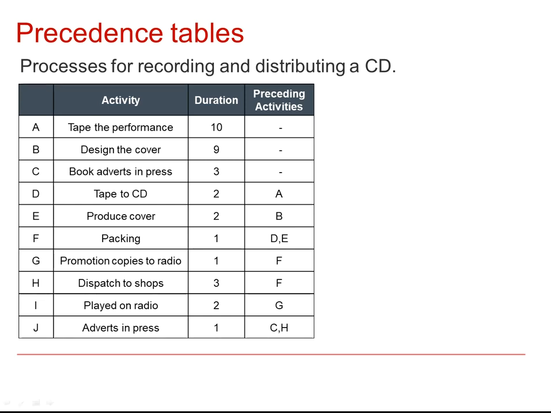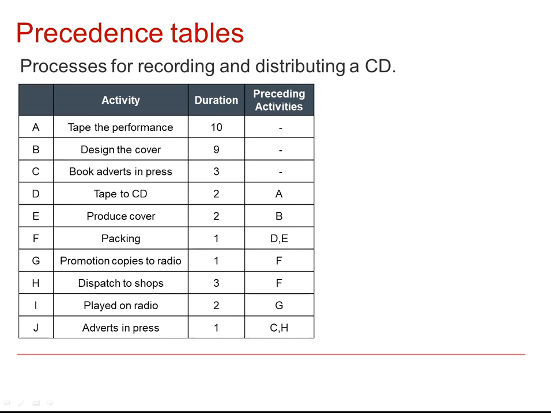So here, for example, is a precedence table where we're looking at activities which are to do with recording and distributing a CD. So you can see there the activities, for example, taping the performance, designing the cover, book adverts in the press. Those can all be done before anything else.